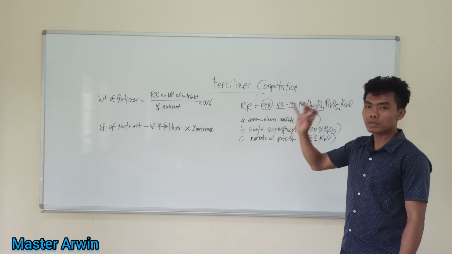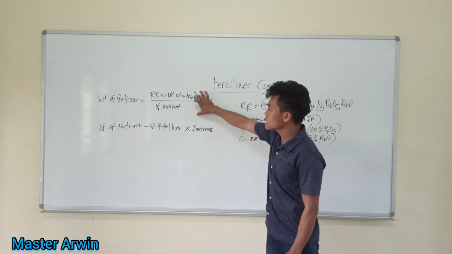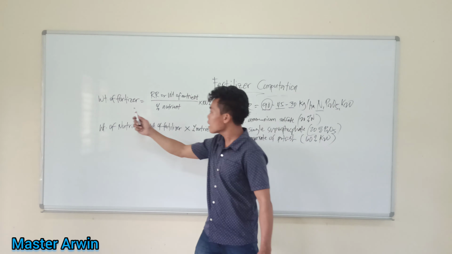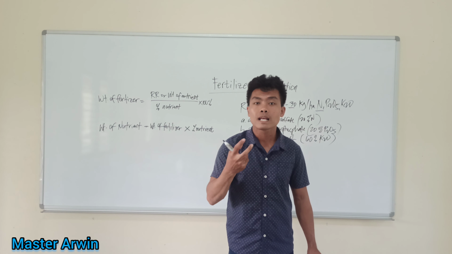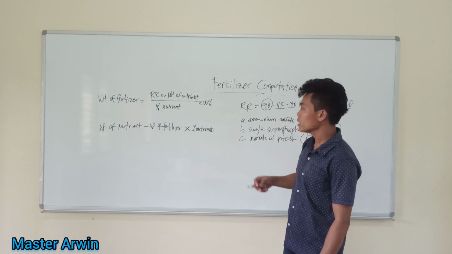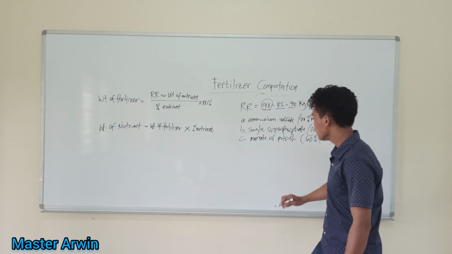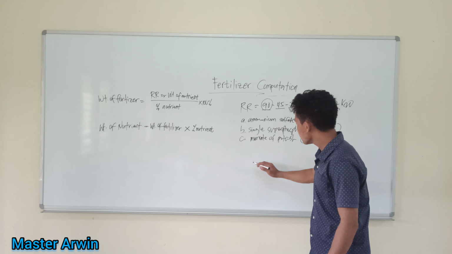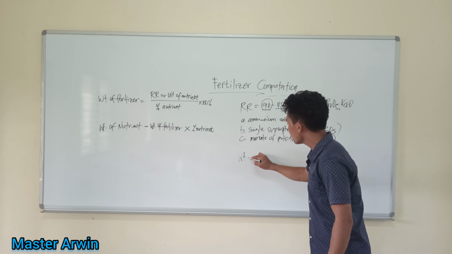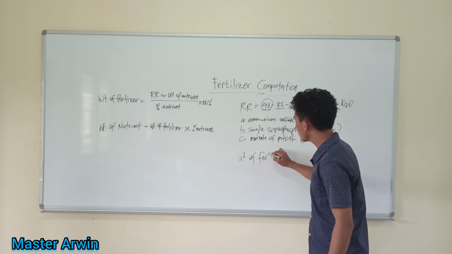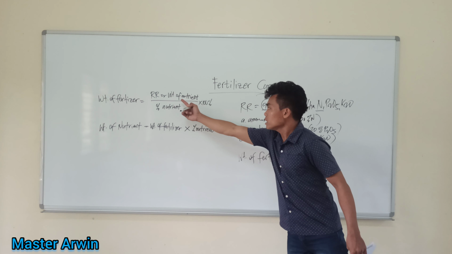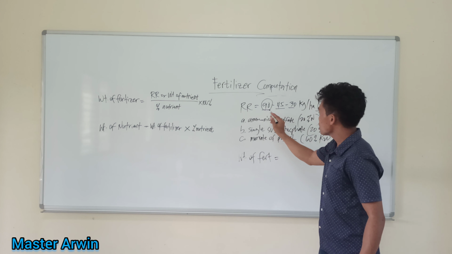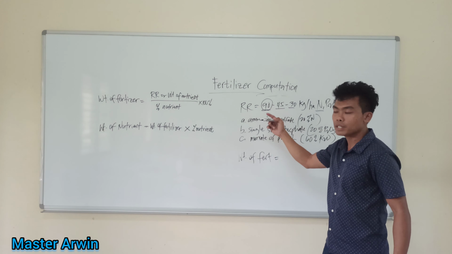So by computing this, we will use this formula because it is the weight of fertilizer. So the question is how much fertilizer. Okay, so we will use this formula. And it goes like this. So weight of fertilizer is equal to recommended rate for the weight of nutrients. So this is the recommended rate for nitrogen.